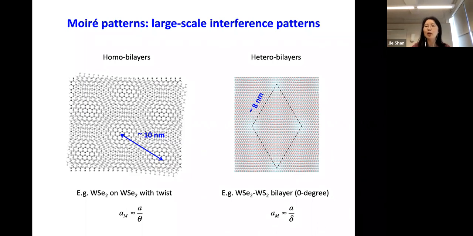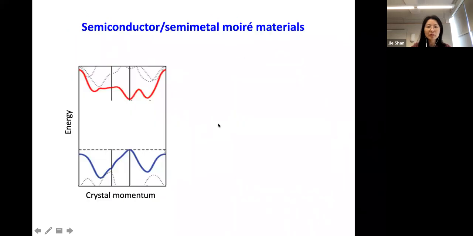And you can also do hydrobilayer with twist, so then this period will go down even more. So we call some materials moire materials, mostly for stacked semiconductors or semi-metals.